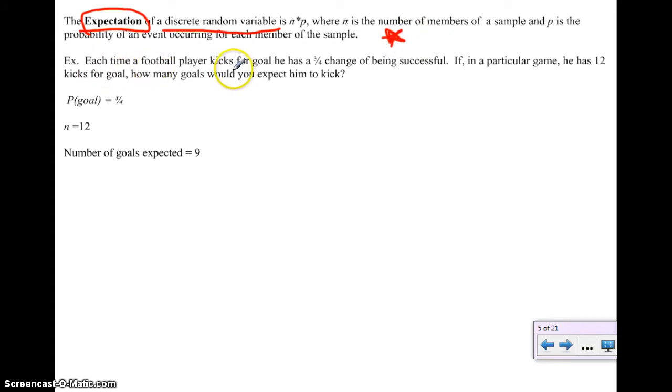Each time a football player kicks a goal, he has a 3/4 chance of being successful. If in a particular game he has 12 kicks for goal, how many goals would you expect him to kick?